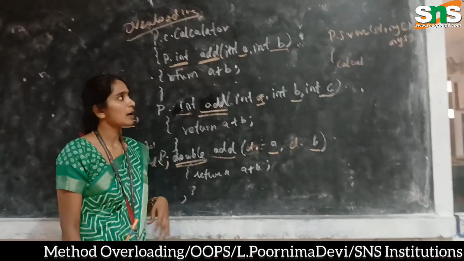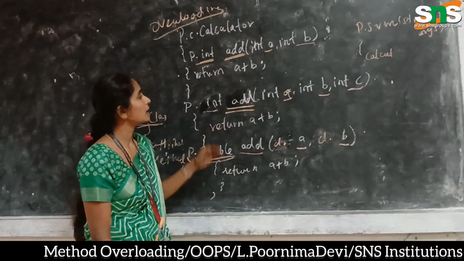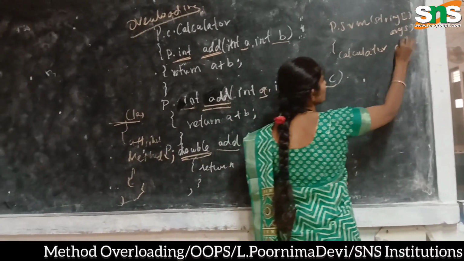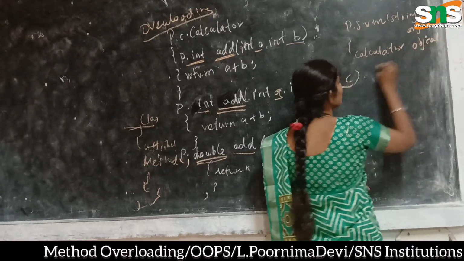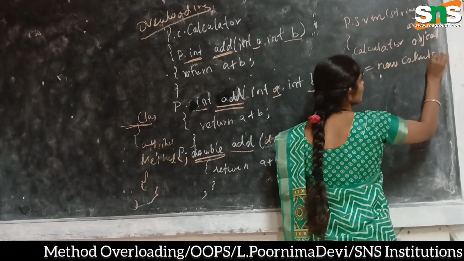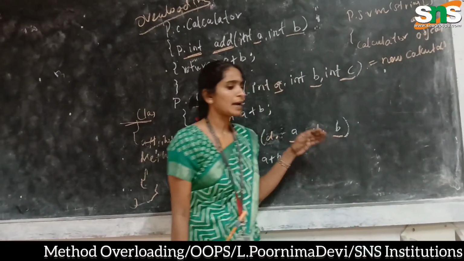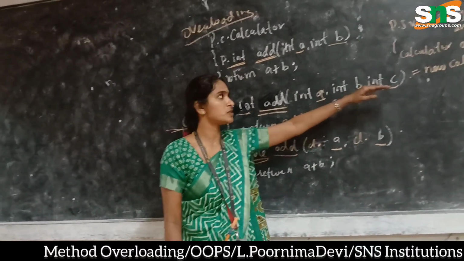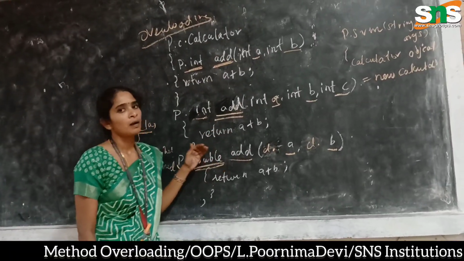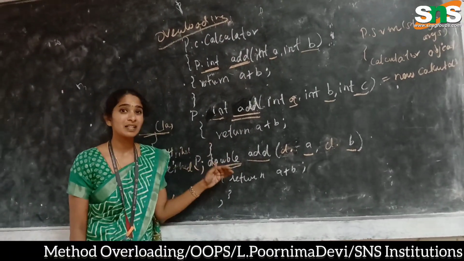In public static main, I create the Calculator class object: Calculator cal equals new Calculator. Here I have defined the object. Based on the object only, I can access the attributes and methods defined inside the class.